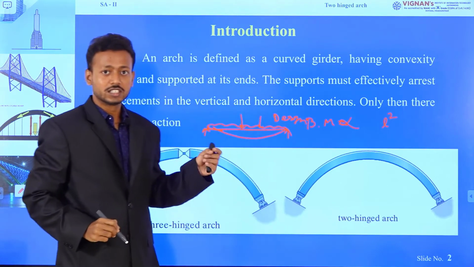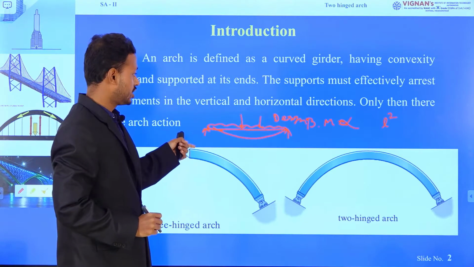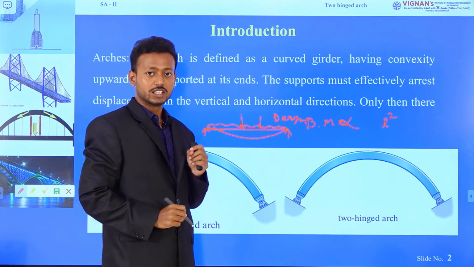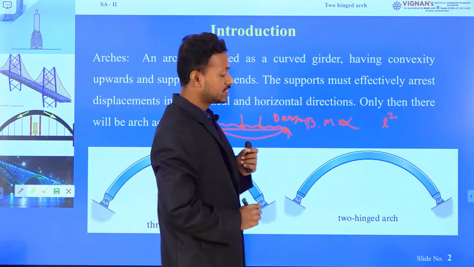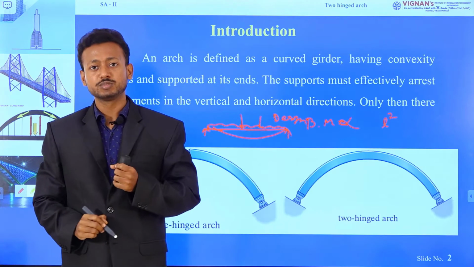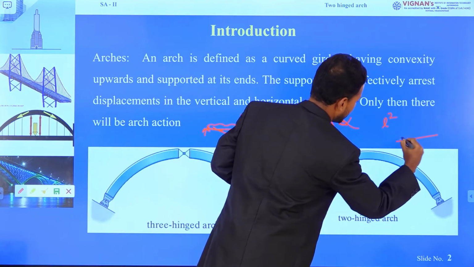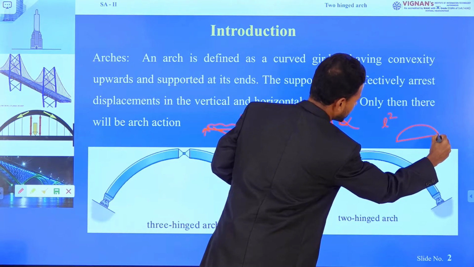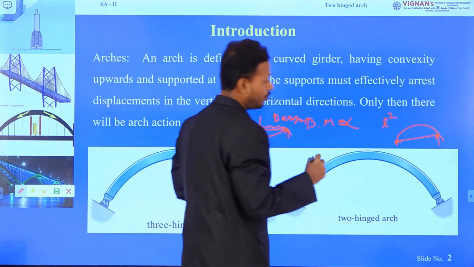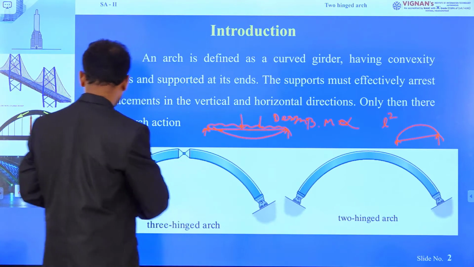For this reason, eventually the section becomes uneconomical. But in case we can replace a beam structure with an arch structure, it will give more advantage. How?